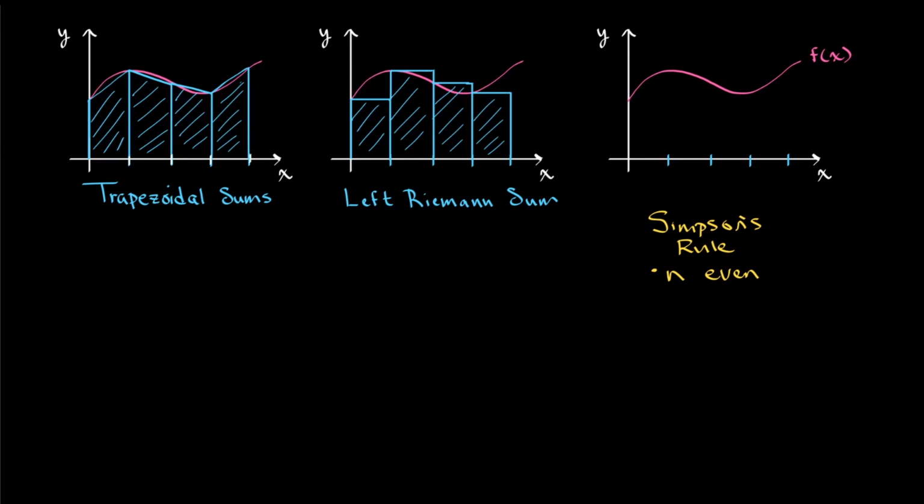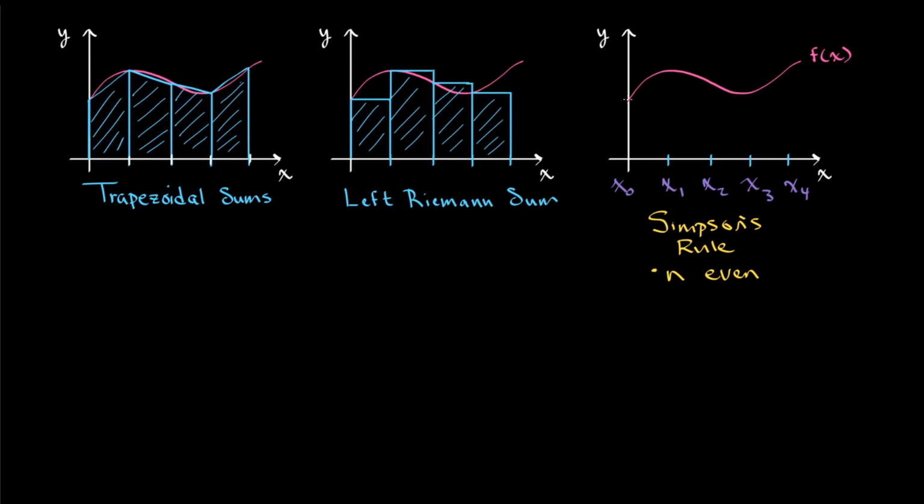So Simpson's rule, let's throw some notation down. We have x naught, x sub 1, x sub 2, x sub 3, and x sub 4. Rather than constructing all of these rectangles or trapezoids, Simpson's rule is going to construct some quadratic functions.